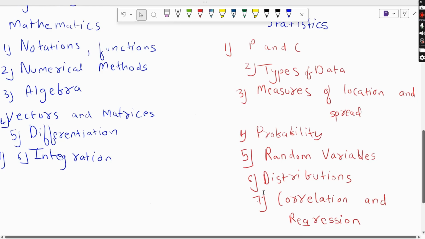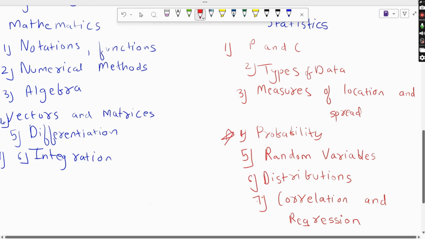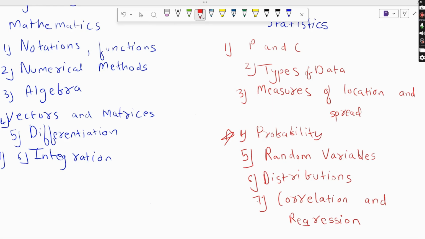And we will say that integration and differentiation are important for the mathematics part. Probability is the most important part of statistics. Along with probability, random variables and distributions are also an important part of the syllabus, because not only for the ACET examination but for the papers also, these three things will be very important to us.